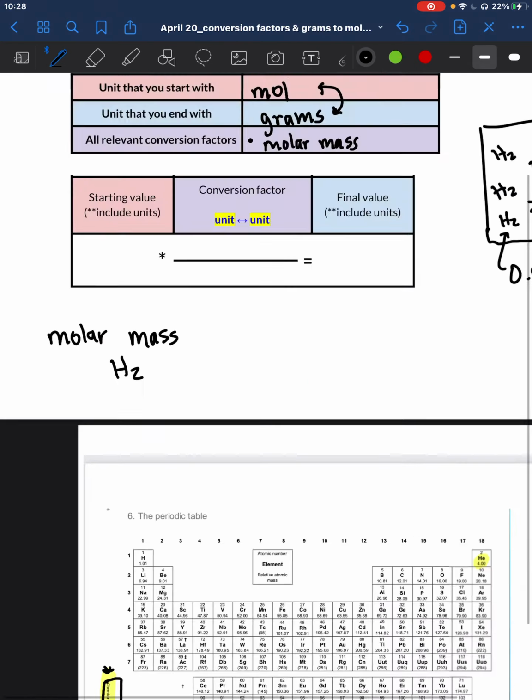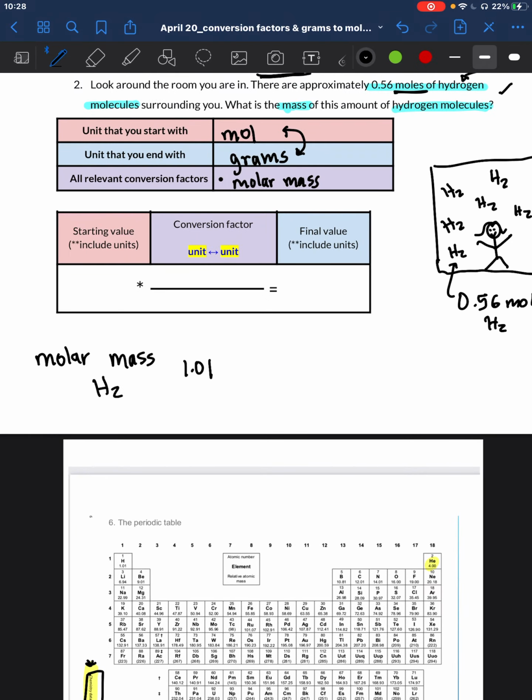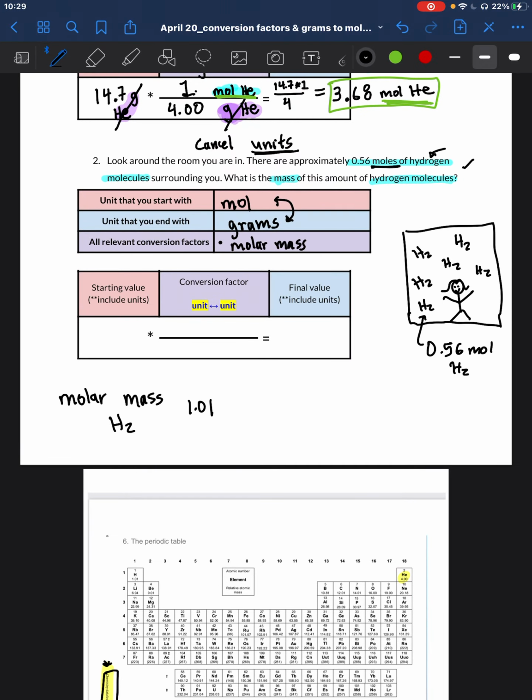Each hydrogen atom is 1.01 relative atomic mass, and I have 2 of them in H2, so 2.02 grams per mole is the molar mass. Another way to write that is 2.02 grams of hydrogen over 1 mole of hydrogen. I'm going to write that same thing here as a conversion factor just so it's really easy to see, over 1 mole.